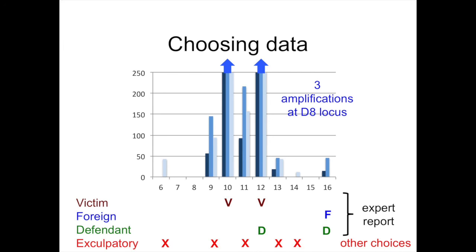The D's in the green row show that the defendant's alleles 12 and 16 were also selected for program input. But, marked with red X's, the last row shows 5 potentially exculpatory alleles, 6, 9, 11, 13, and 14, that were not entered by the prosecution expert into the software.